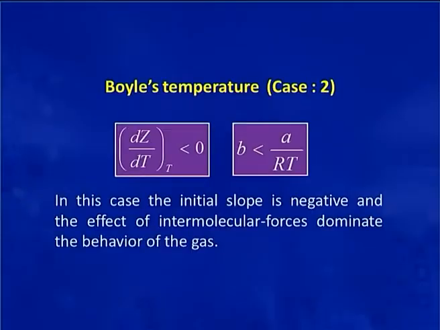Now, the second case, when dZ by dP at T is less than 0, or b is less than a by RT. In this case, the initial slope of the graph is negative and the effect of intermolecular forces dominates the behavior of the gas.